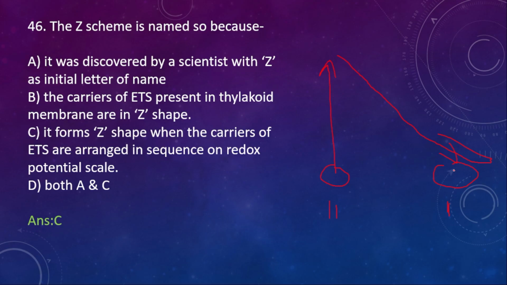This is downward. Again if it is receiving the light energy, then again the electron is going upwards. Up, down, up. If you see, this is like a Z. That's why it is given the name Z scheme. It forms a Z shape when the carriers of ETS are arranged in a sequence on the redox potential scale.